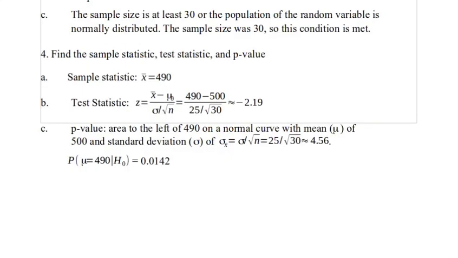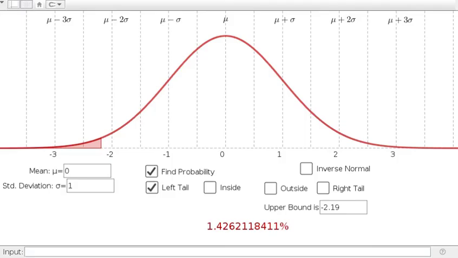Okay, let's take a look at this using our application. Let's first use the information that was given us from the manufacturer. That was that they claimed that the mean was 500, the standard deviation was 25. We took a sample of size 30 and got a sample mean of 490. So let's go into Bell and let's compute this.